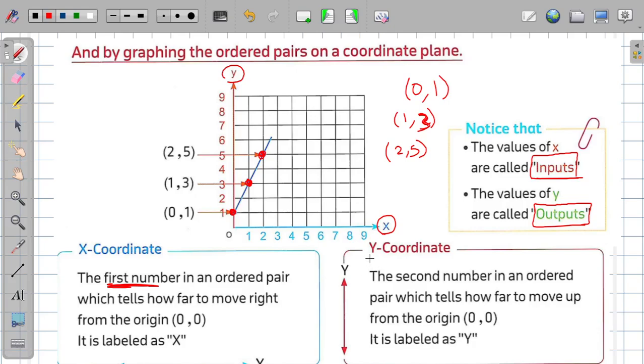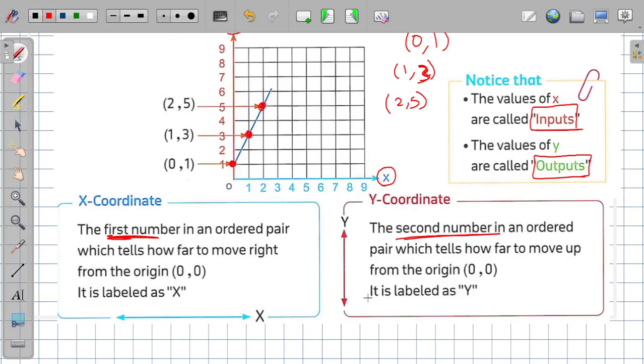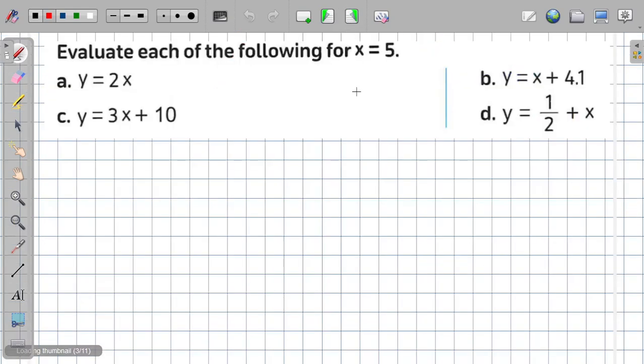Okay, and y coordinates is the second number of the ordered pair. So let's try one example like this. I wanted to evaluate every equation, or to find the value of y in every equation when x equals 5. So the first one here, I have y equals 2x.